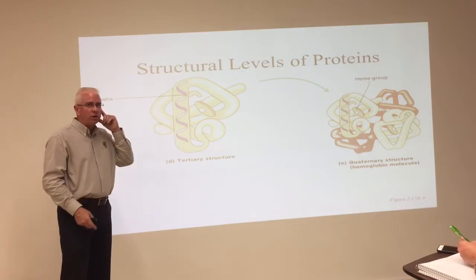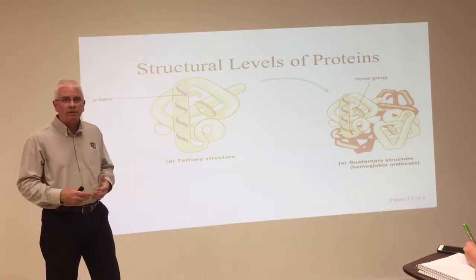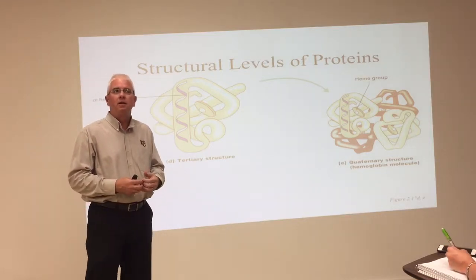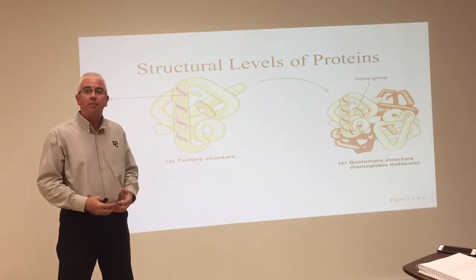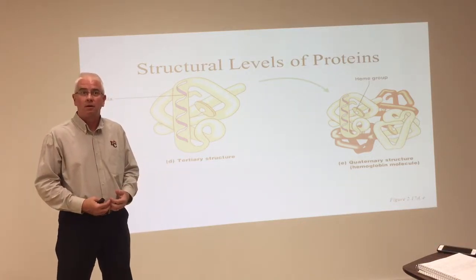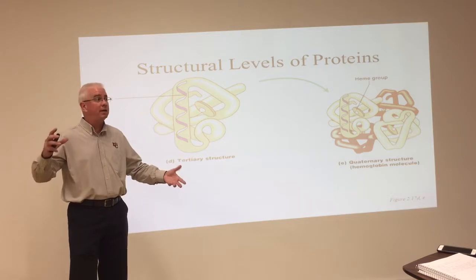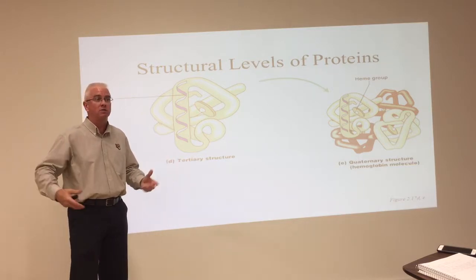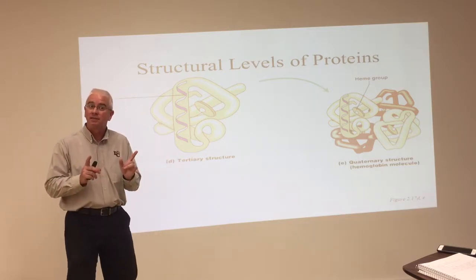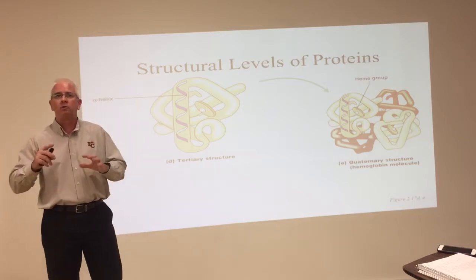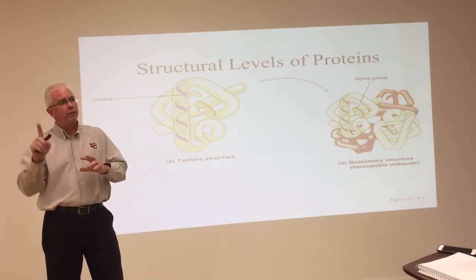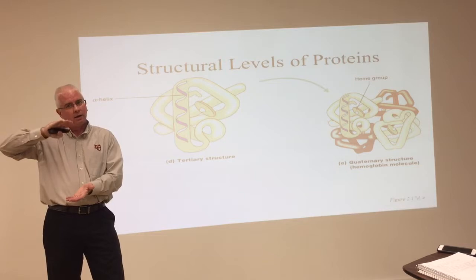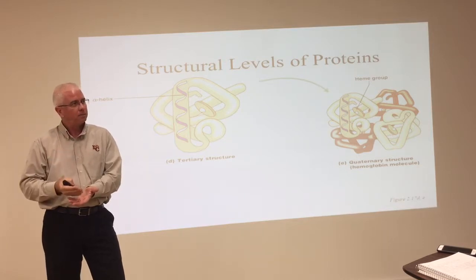So here's where you went. Amino acids join together, make dipeptides. You put a few of them together, you make a peptide or a polypeptide. As the thing grows, it can begin to fold into functional configurations. We say at that point it has secondary structure, and the most common ones are the alpha helix and the beta pleated sheet.